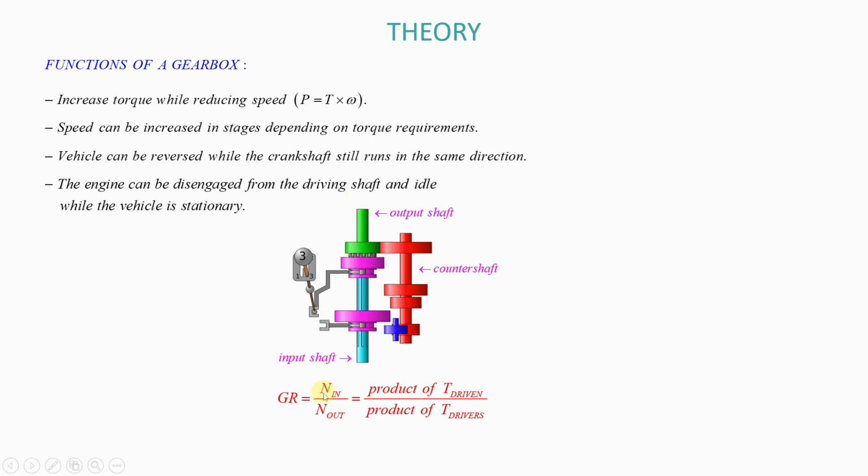So basically, if you have this input shaft rotating at a certain speed and you divide that speed by the speed of the output shaft, what you get is what we refer to as the gear ratio. And it is also equal to the product of the number of teeth of driven gears to the product of the number of teeth of the driving gears in the gearbox, okay?